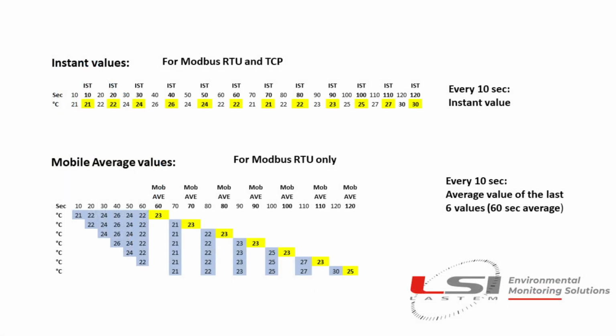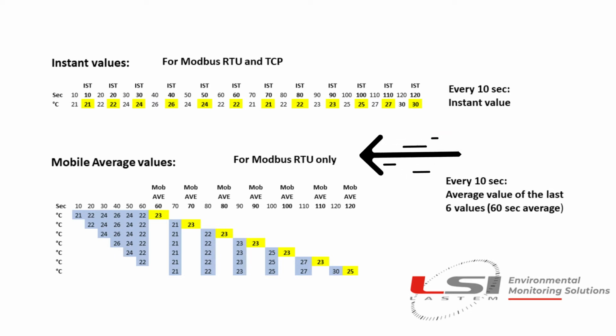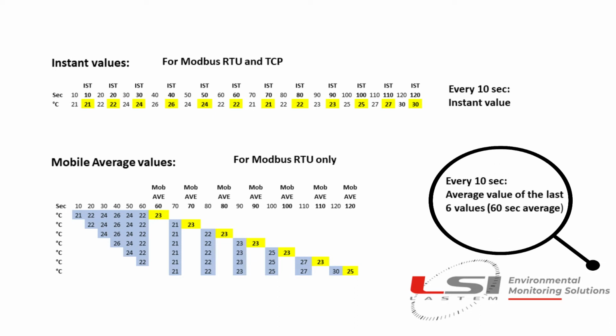In this example, the acquisition rate for this temperature sensor has been set to every 10 seconds. By Modbus RTU, instead of delivering instant values every 10 seconds, it is possible to deliver mobile statistical values.